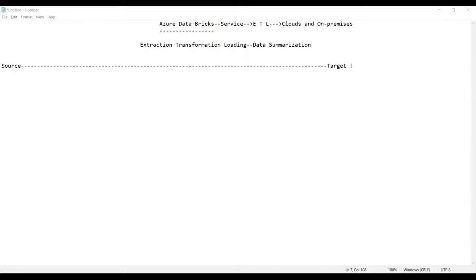So can you see here we have the source. Source means a place where we can find the actual data. All of you following, please?